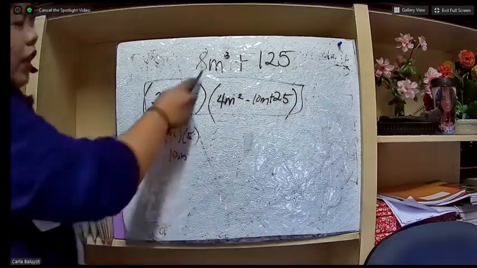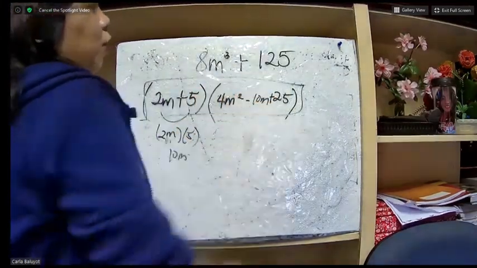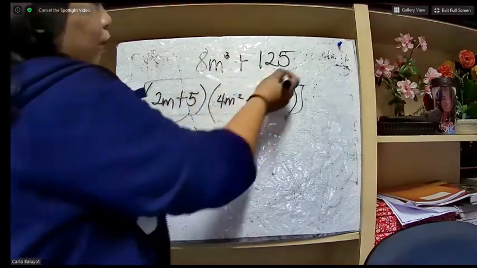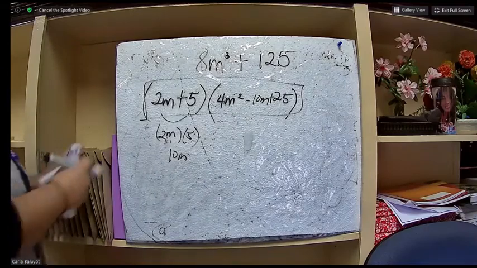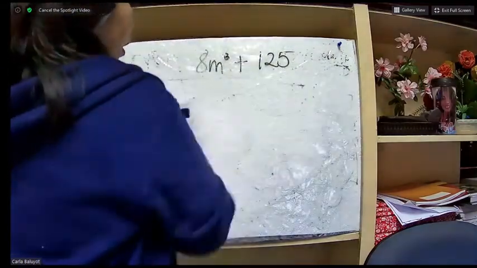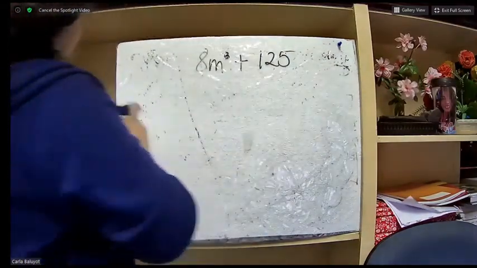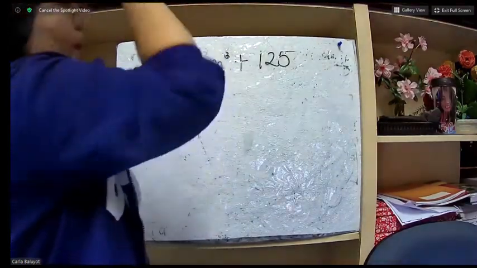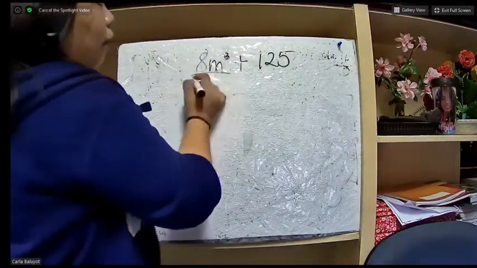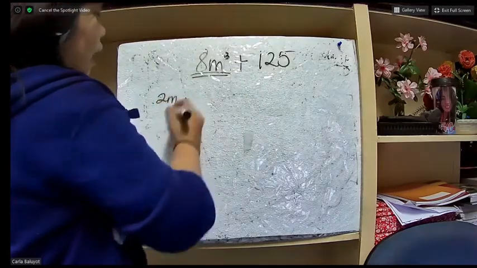Okay, so ang topic na natin is factoring the sum and difference of the two cubes. Okay, so we have here 8m cube plus 125. They are perfect cube numbers, no? So we're going to factor them. Okay, so ang first rule to factor them is you will get the cube root of 8m cube. The cube root of 8m cube is 2m.